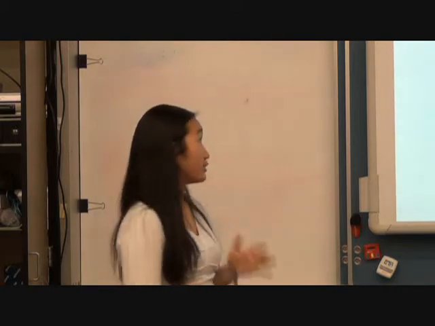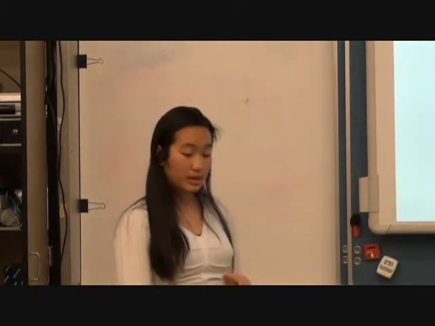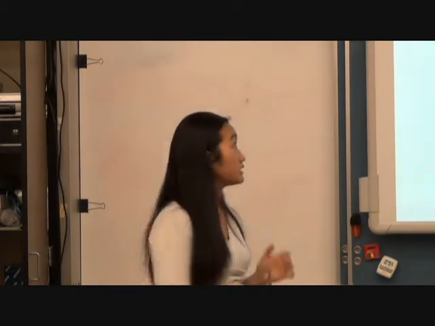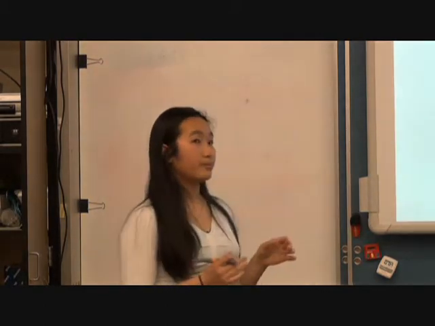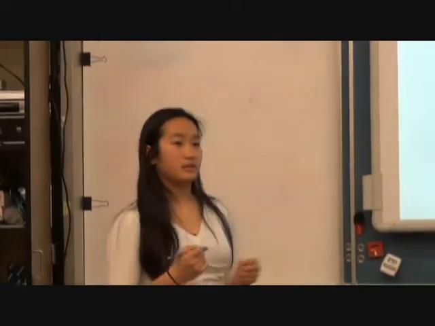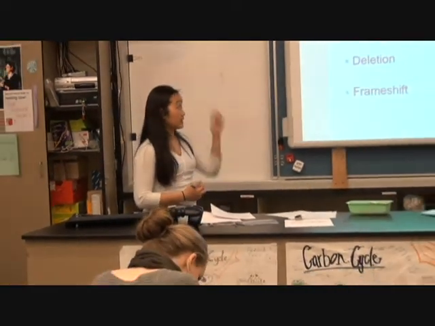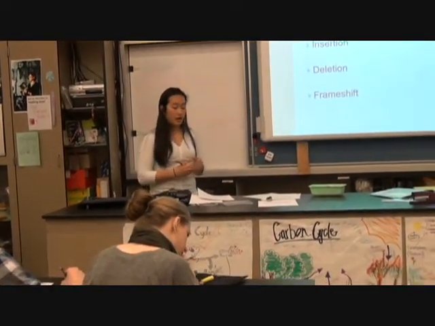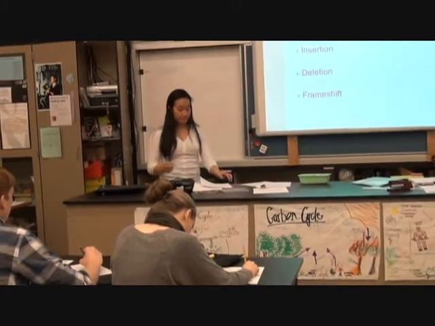Insertion is where an extra base pair is placed into the sequence. So instead of having a multiple of 3 in the series, you would have maybe an odd number like 13 or 14, and this too can change the sequence and how RNA reads it.